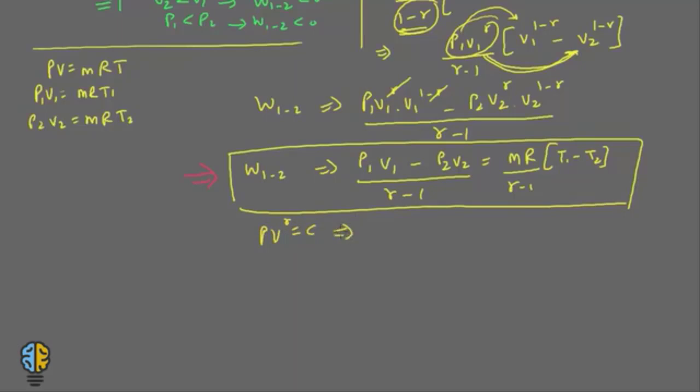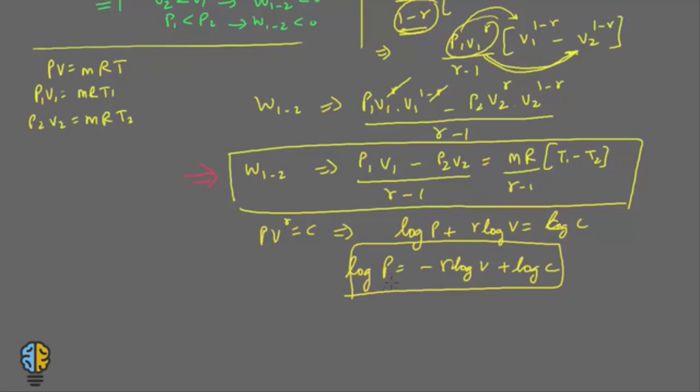Now take log on both sides, you will get log of P plus gamma log of V is equal to log of C, and this can be written as log of P is equal to minus gamma log of V plus log of C. Now this is for a log axis. So if you draw the adiabatic diagram, this is what you get, isn't it? This is the adiabatic diagram in 1 to 2.